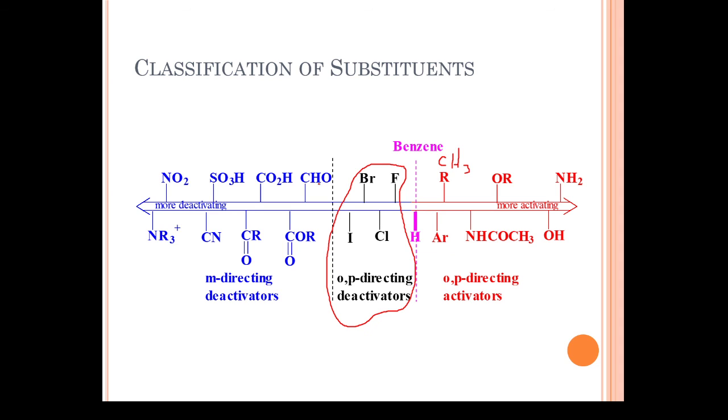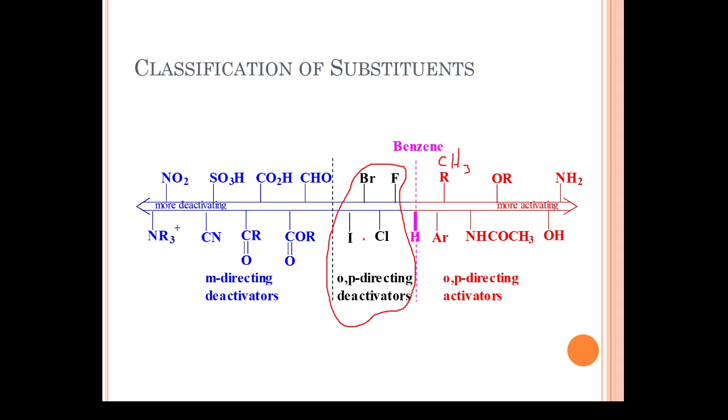Okay. That'll make me be a deactivator and a meta due to it pulling the electrons, those more electronegative, pulling those electrons. A little inductive effect there. And halogens are always ortho-para deactivators. So ortho-para deactivators, halogens.